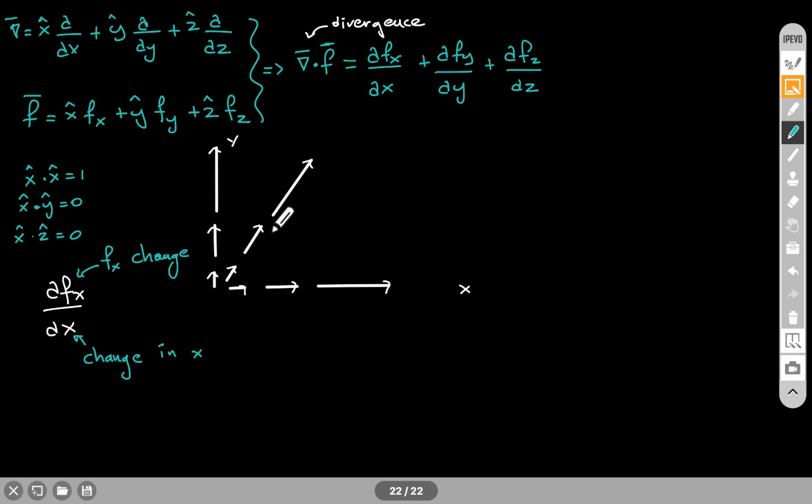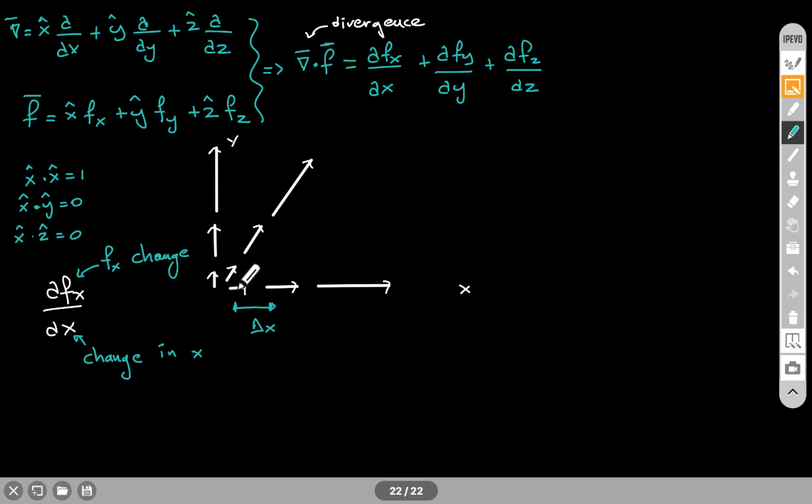Now, this is one way to look at it. If, let's say, I am here and I'm making a small change in x and I go from here to here. Okay, this is my change in x. Now I'm gonna think at this vector and this vector first. What are the x components?